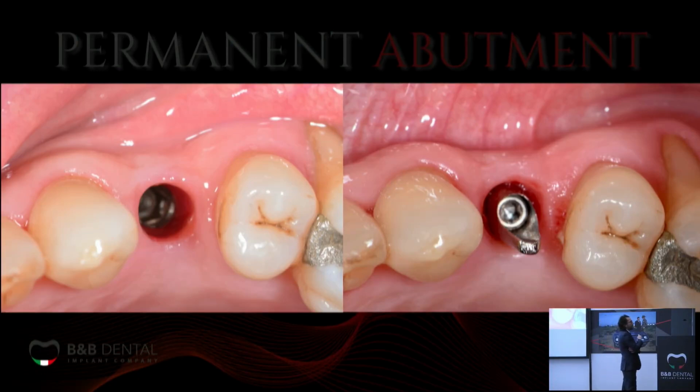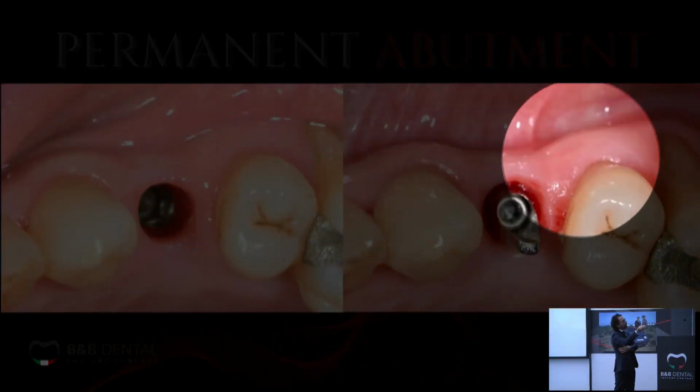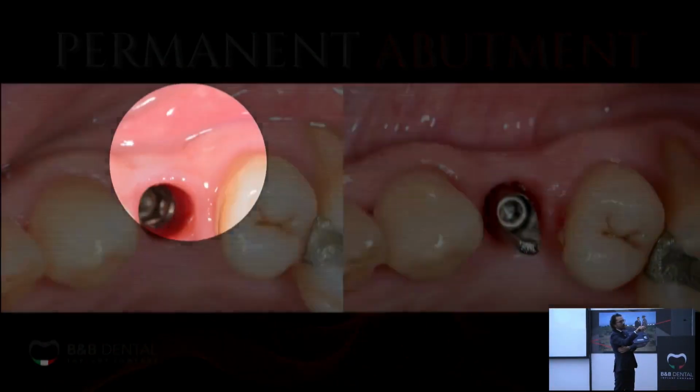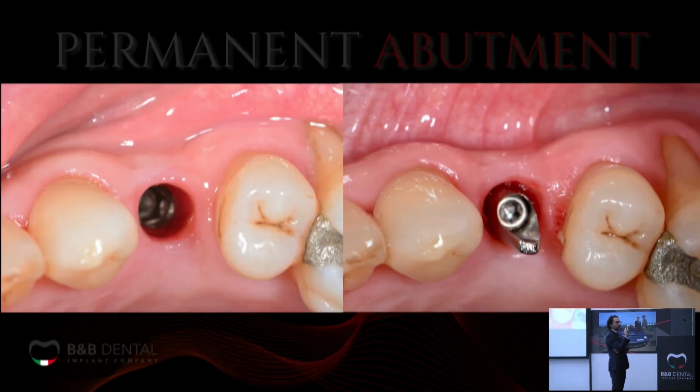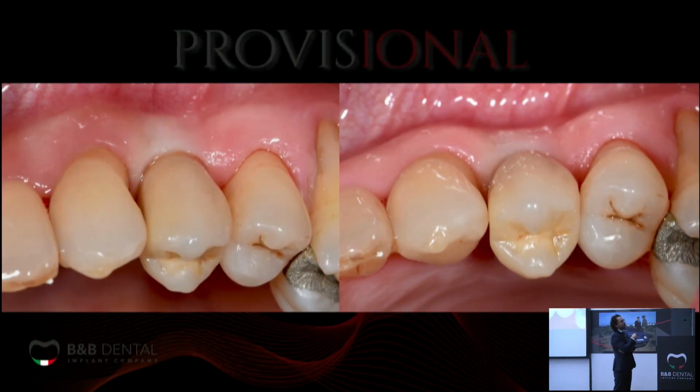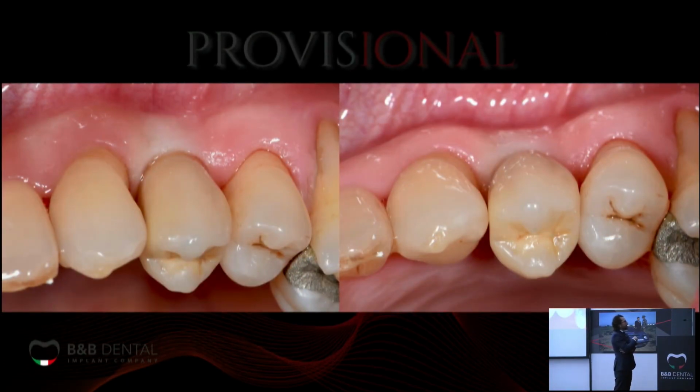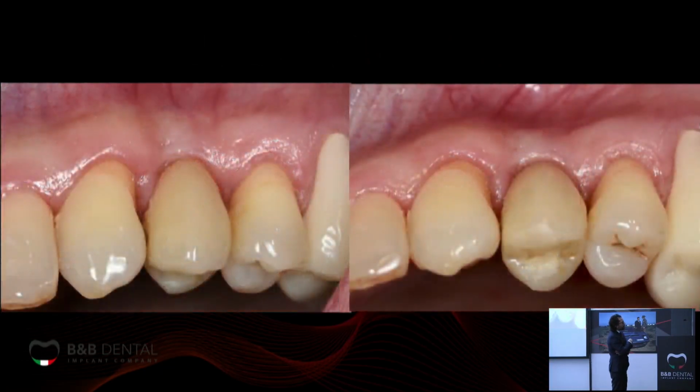And this is when we deliver to the patient the final abutment. It's already a good aspect of healthy tissue on the buccal, but with the provisional we can improve the shape and the aesthetic of this implant, and so we can insert the temporary to move and shape the tissue in a better way.